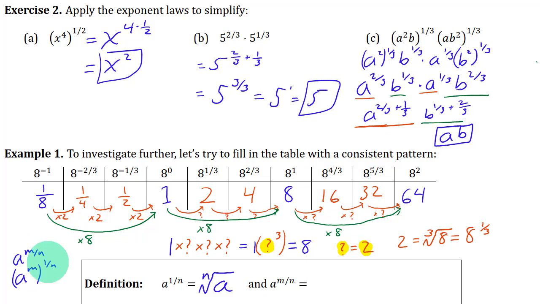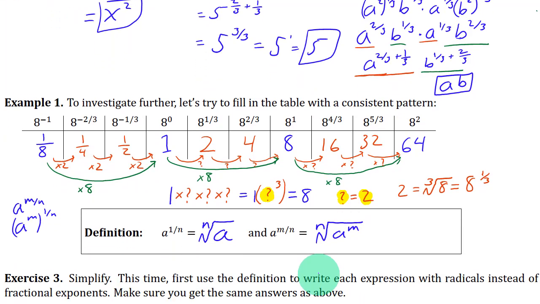So that 1 over n you could think of as a cube root, or not a cube root, an nth root. So this could be the nth root of a to the m, or you could do it the other way.